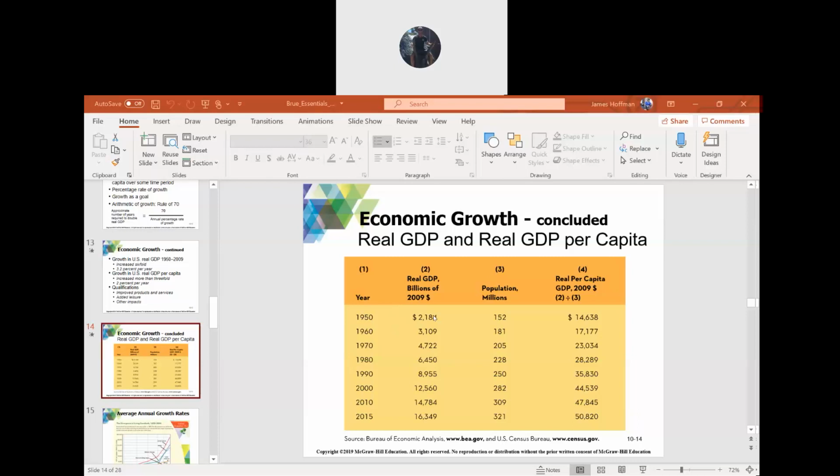Real GDP per capita in 2009 dollars was about 14,000, and in 2015 it was about 50,000 per person. So per capita means per person, and the real term means it's adjusted for inflation.